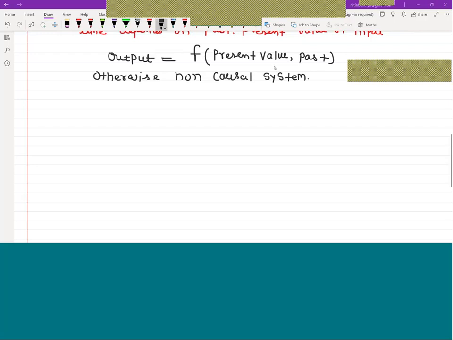If output depends on future value of input, then the system is said to be a non-causal system. Let's check for this.